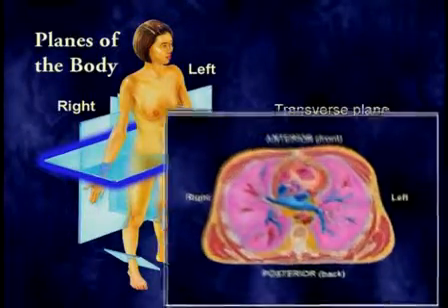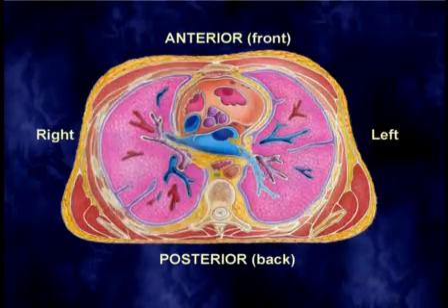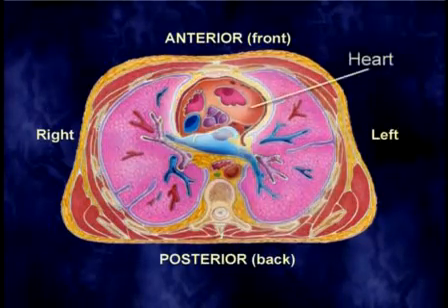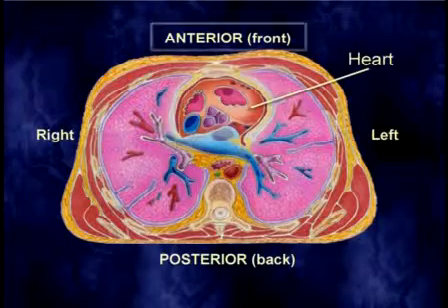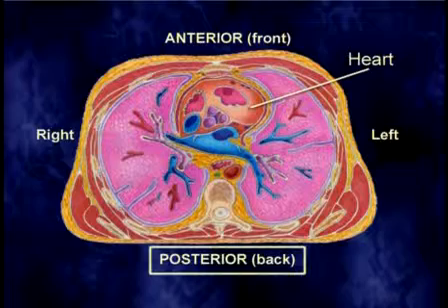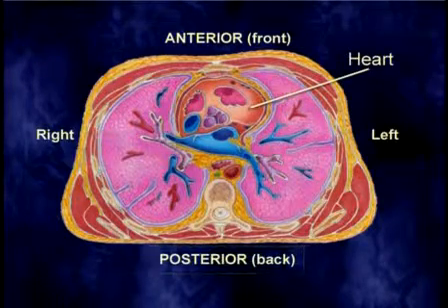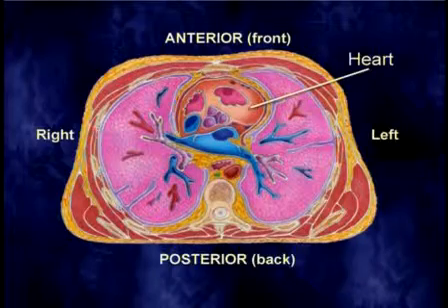Now in this slide, this is the patient's right, showing the lung. This is the patient's left, and here's the heart sitting pretty much what we call anteriorly, or to the front. The opposite of that is the posterior portion, or the back. Look at the position of the heart relative to hard structures.